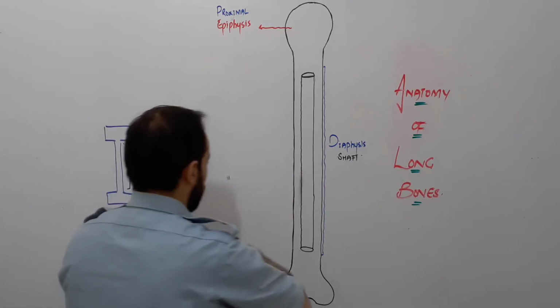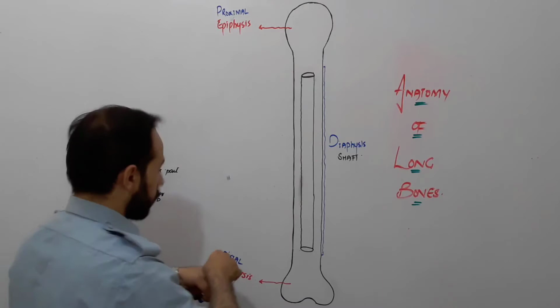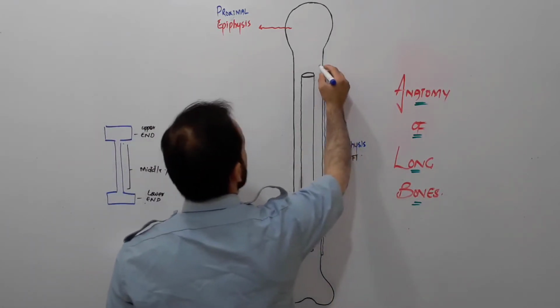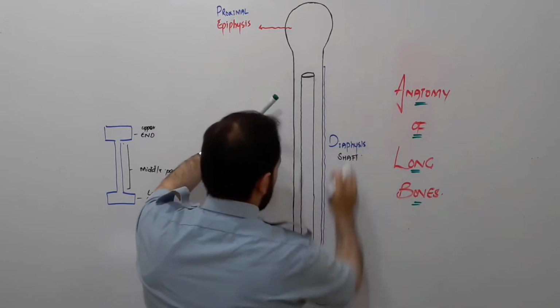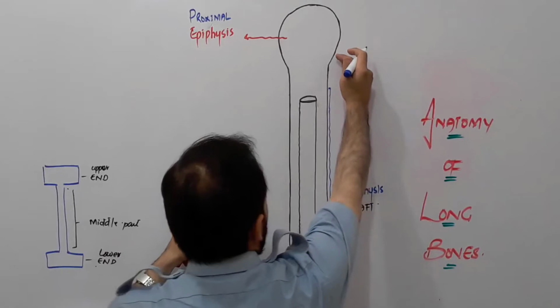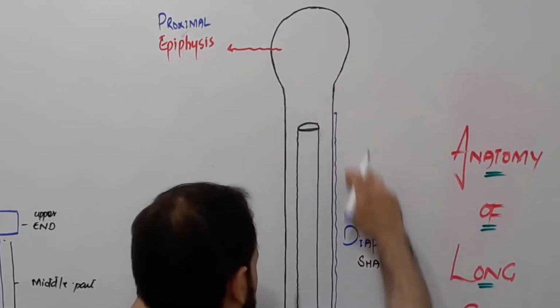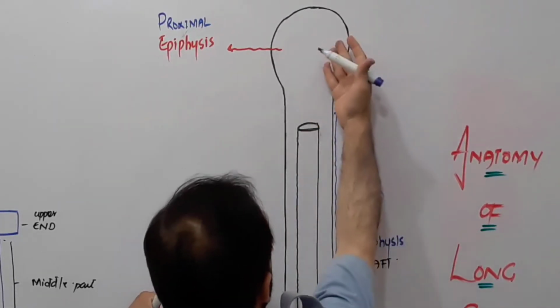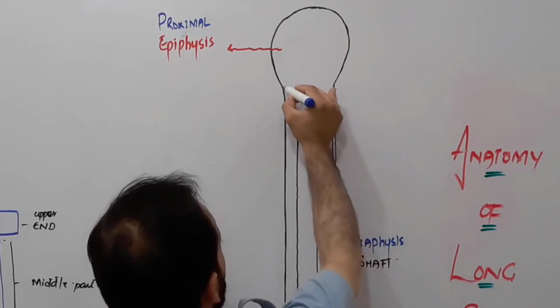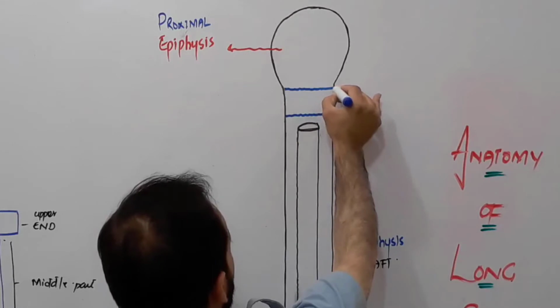Done. Then the next part of this long bone will be here. Look, my dear friends, look clearly. This is the shaft, right? Or this is the diaphysis. Now the part of the shaft which is near to the epiphysis is called the metaphysis, right?